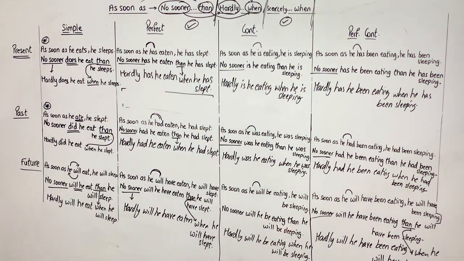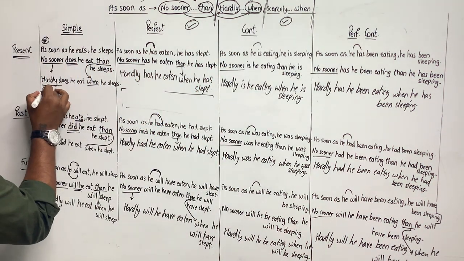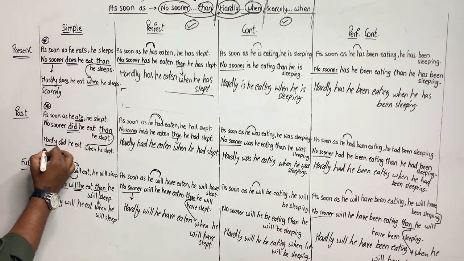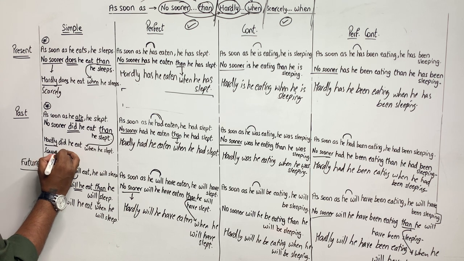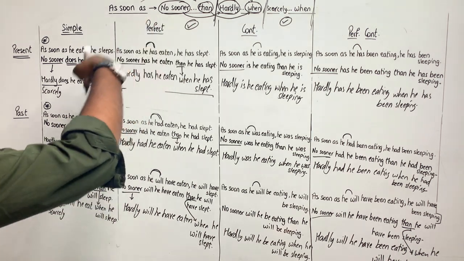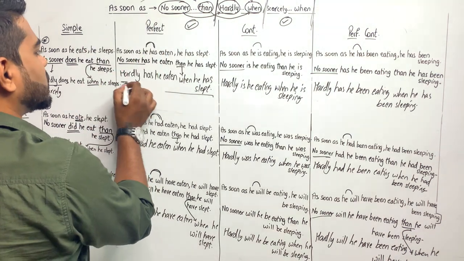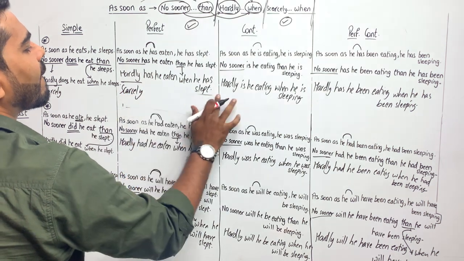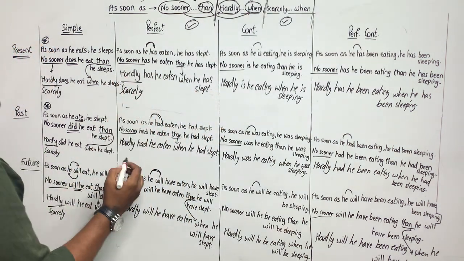The only difference is instead of hardly you are writing scarcely. Because when also remains the same, the sentence framing also doesn't change. It is the exact same. Hardly becomes scarcely.